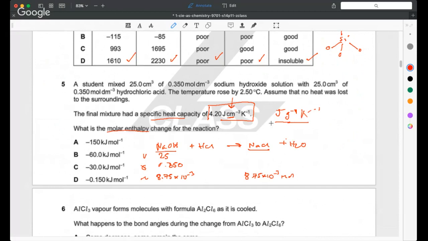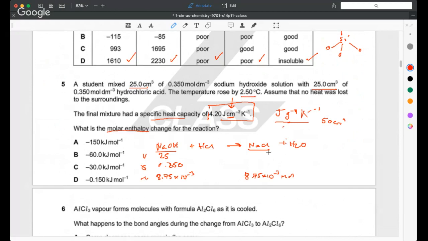Okay, now you have up here that you've mixed 25 centimeters cubed with another 25 centimeters cubed, so you've now got a total volume of 50 centimeters cubed. And when you did that, this neutralization reaction, the temperature rose by 2.5.